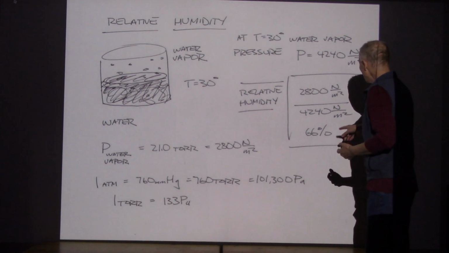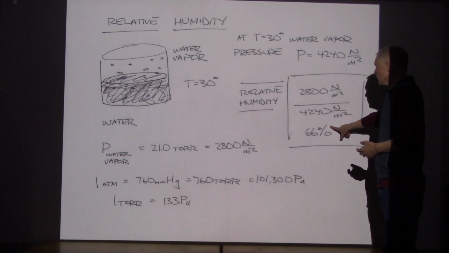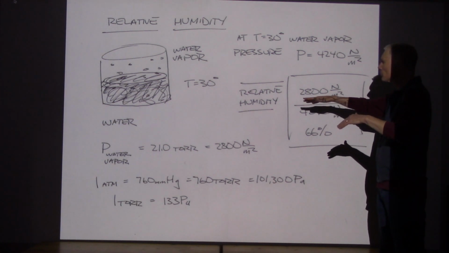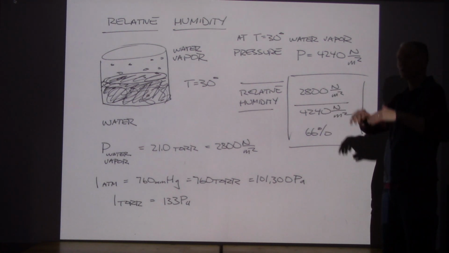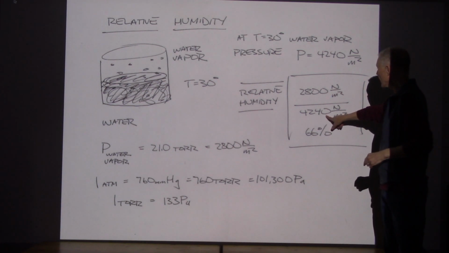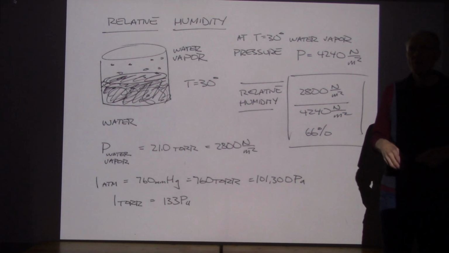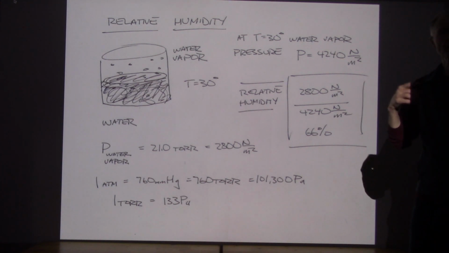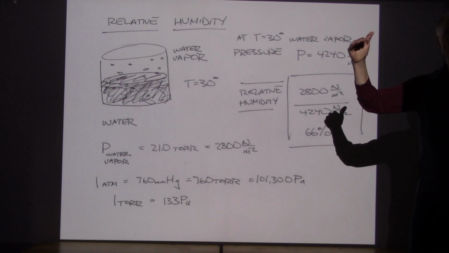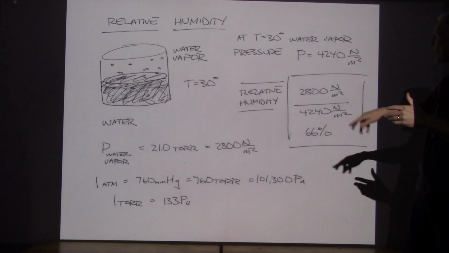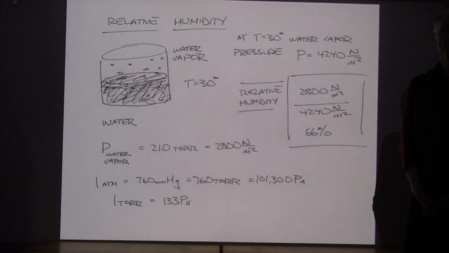Okay, so that's an example of relative humidity. If this were allowed to continue, with more and more water evaporating, the relative humidity would steadily go up until it reached 4,240. At that point, we would be at 100% relative humidity, and there we would have an equilibrium between the water vapor in the air and the liquid water, everything being at 30 degrees Celsius.